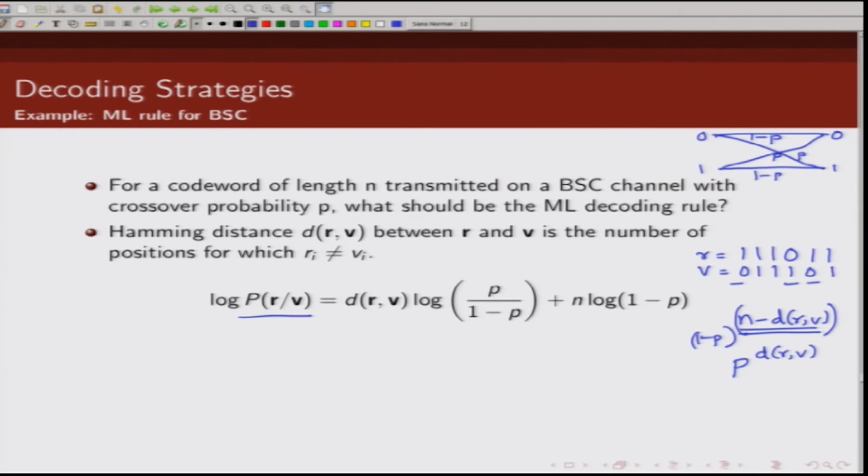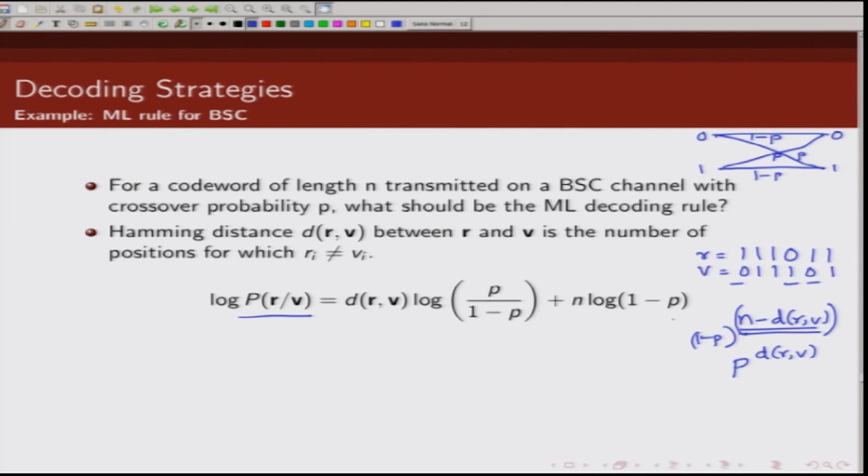Now, if we take log on both sides, this becomes n minus d times log of 1 minus p plus d times log of p. Now, we take terms containing d(R,V) out. So, what we will get is d(R,V) times log of p by 1 minus p plus n times log of 1 minus p.